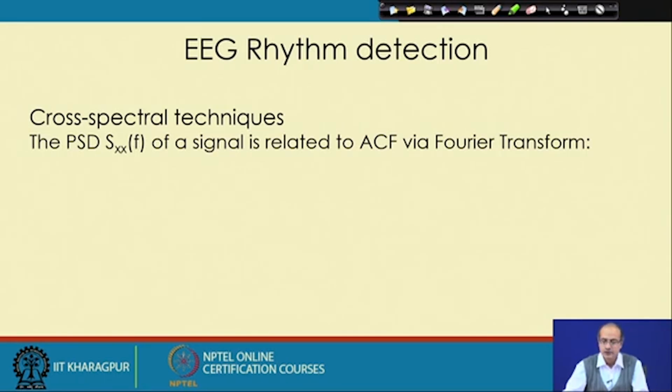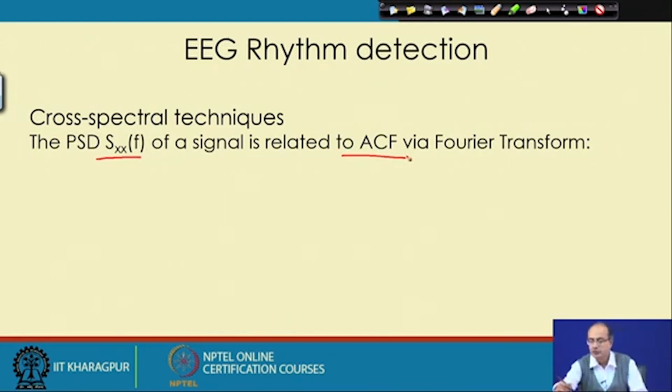Now, to correlate that, first we notice what we call the spectrum or power spectral density, which we write as Sxx of f, where f is the frequency. It is nothing but the Fourier transform of the autocorrelation function of the signal.